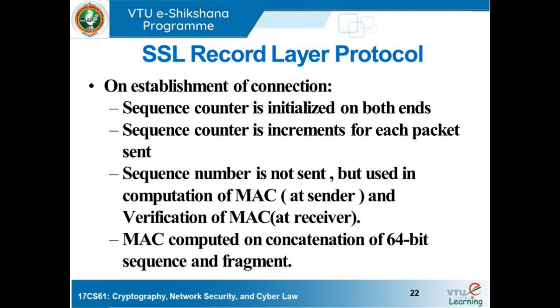On establishment of a connection, the sequence counter is initialized on both ends. The sequence counter keeps incrementing for each packet that is exchanged between the client and the server.